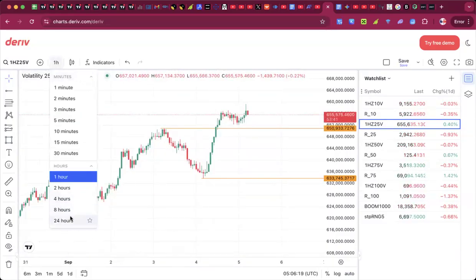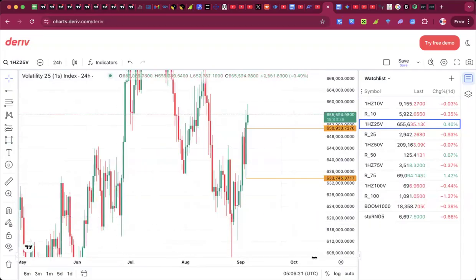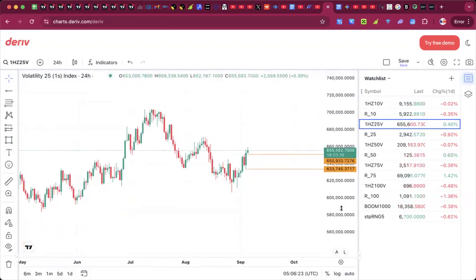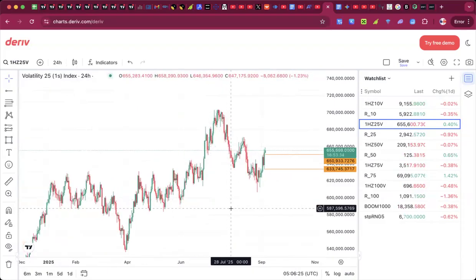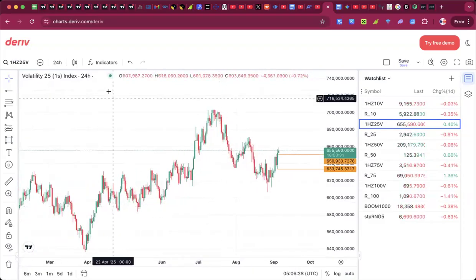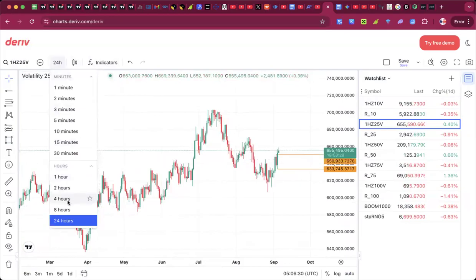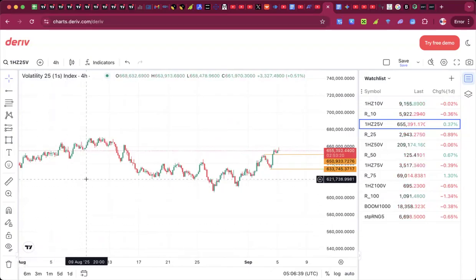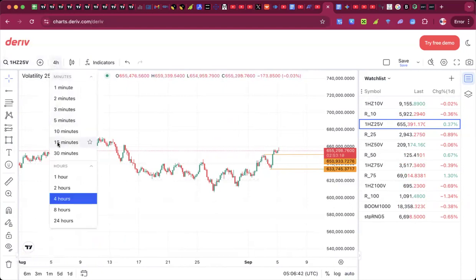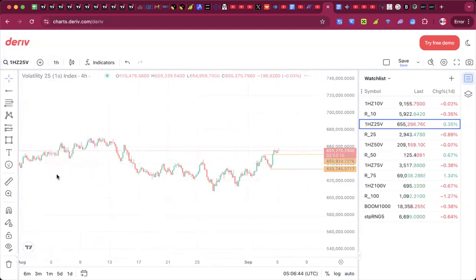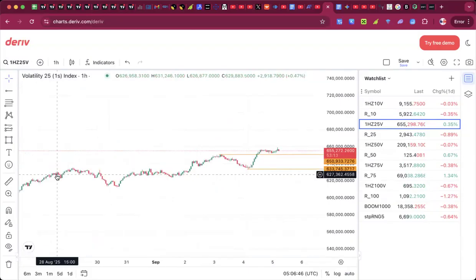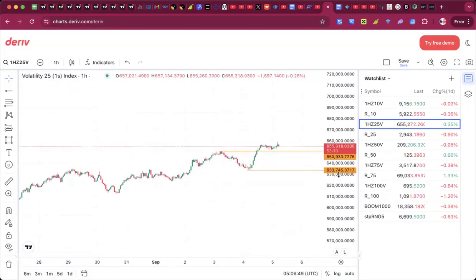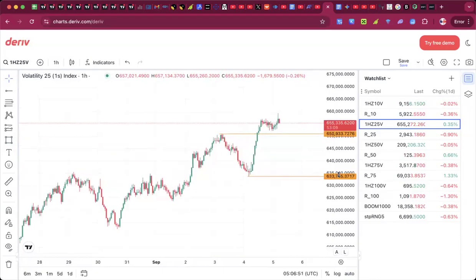I wanted to look at the market first in the daily time frame. Okay, so let's even work by that 1 hour. So I save myself loads of stress.